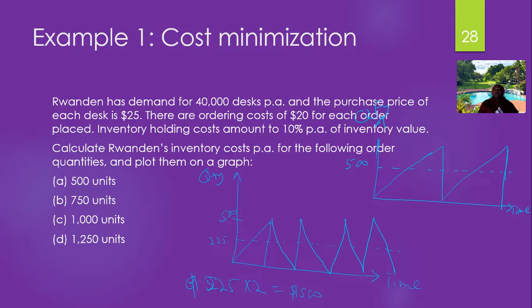We're going to have the 500 as the cost, I mean the average inventory which we'll be having.